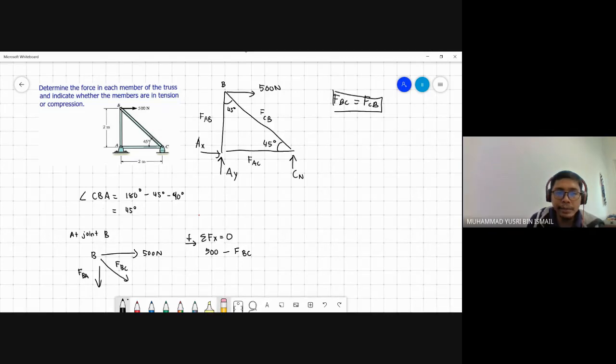Here and here are almost the same, so I take cos 45 degrees. FBC is to the right, equal to 0. So FBC cos 45 degrees, so you will have the answer.